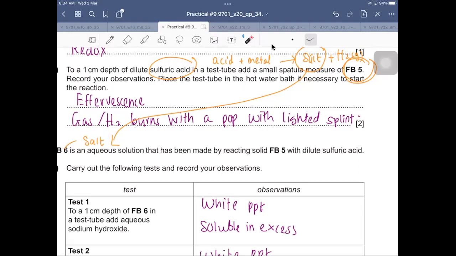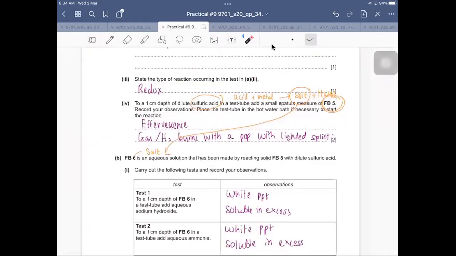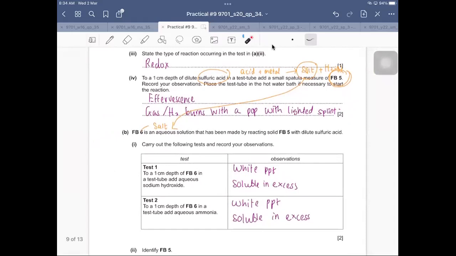So possible two gases that you can try when acid is being added, either you test for hydrogen or carbon dioxide. Okay, so it's not easy, but if you have a strong theory, you know about the reactions, then you can do well for qualitative analysis.